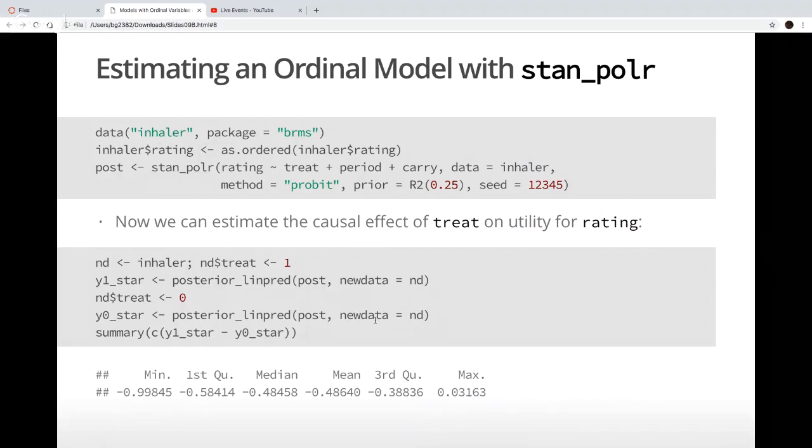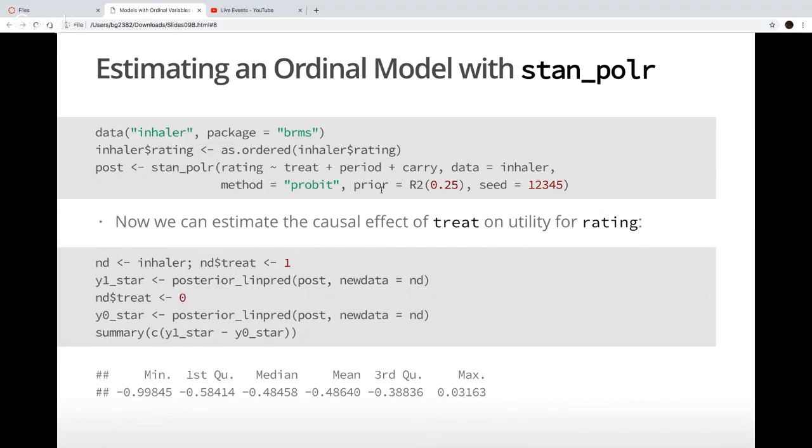Here is an example from a data set on how well inhalers were rated, depending on some treatment variable, for people who have some sort of breathing condition. And so we can estimate that. Method equal probit is going to estimate an ordered probit model. Method equal logit is actually the default, in which case it's going to be estimating an ordered logit model.